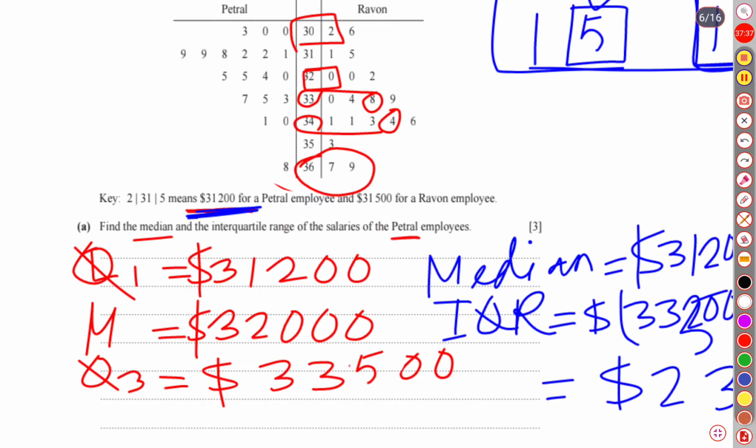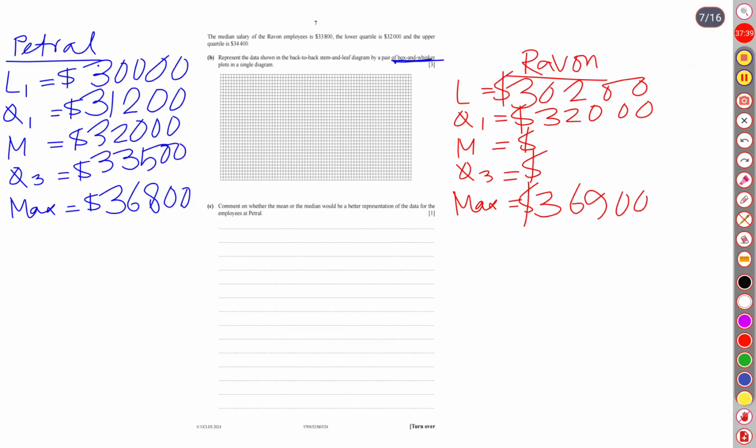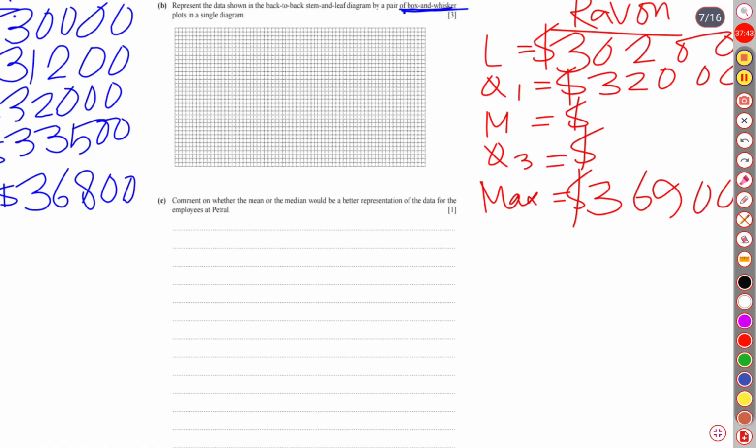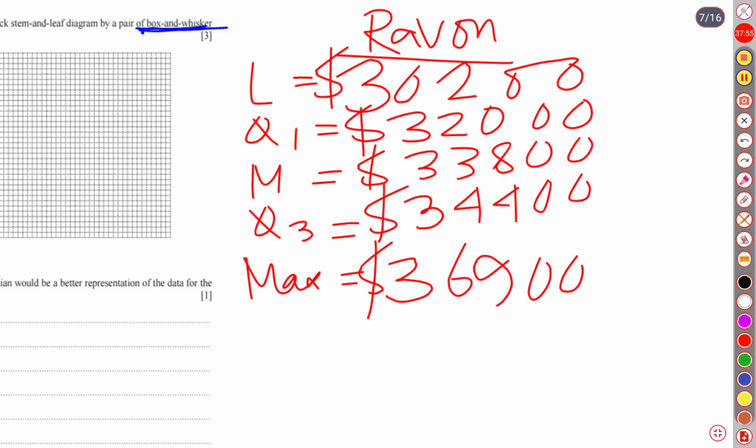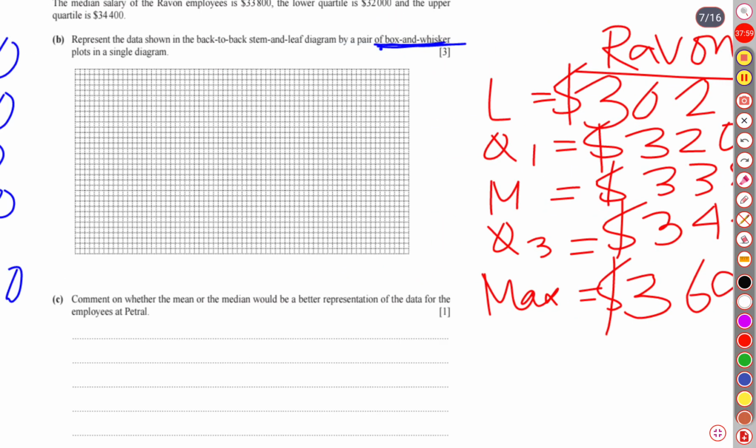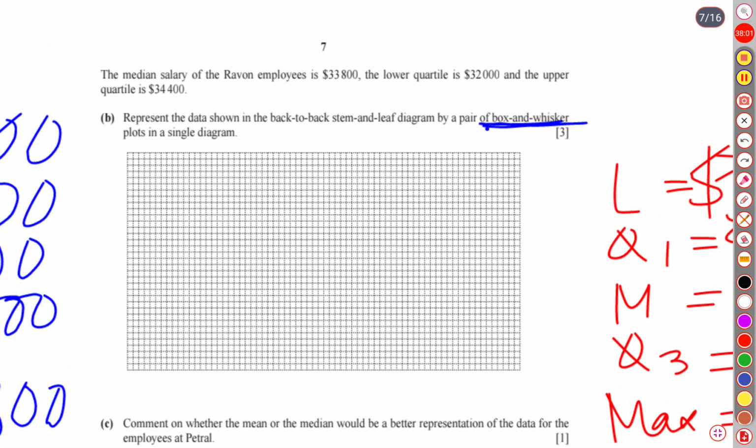So 338 and 344, 33800 and 34400. Now we are going to represent this information in the box and whisker plot.